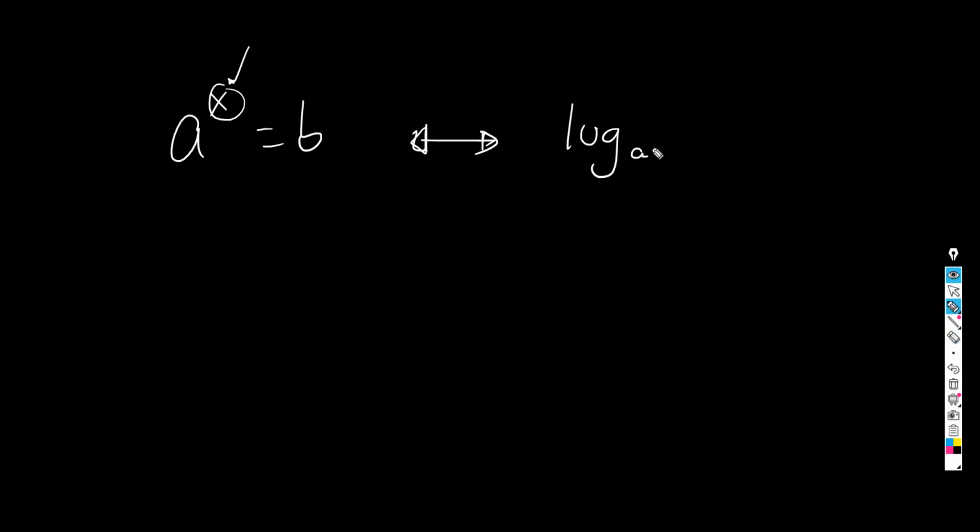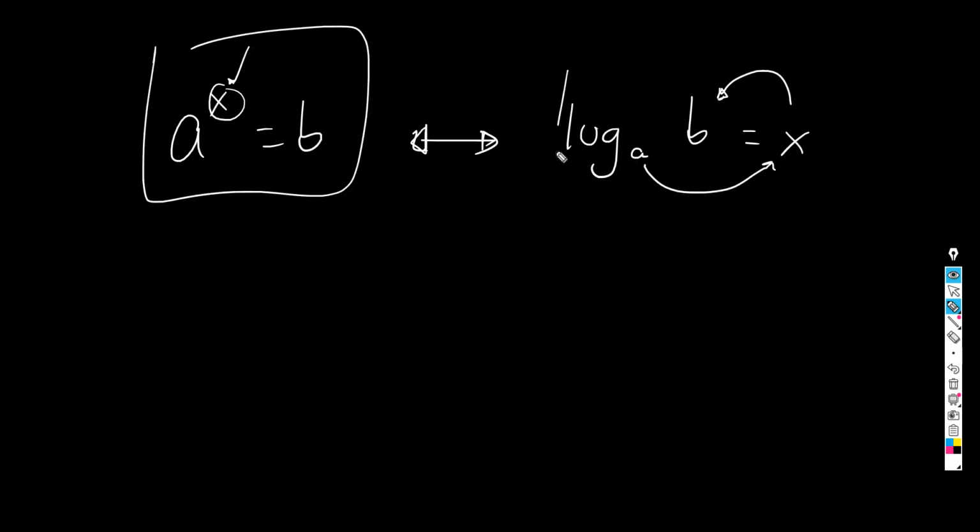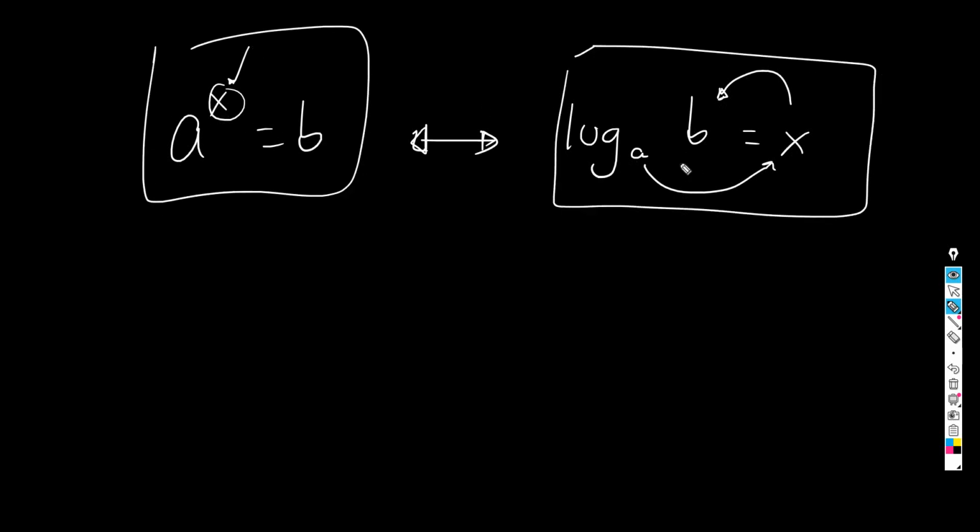Logarithm base a of b equals x. Why? Because a to the x will give me b according to this. So this statement and this statement are equivalent. And you need to practice that so many times that you get close to perfect memorization of this.